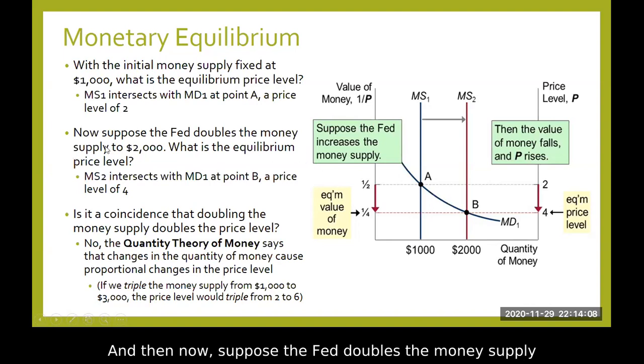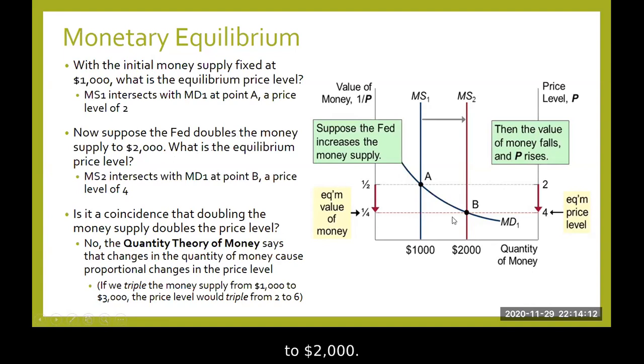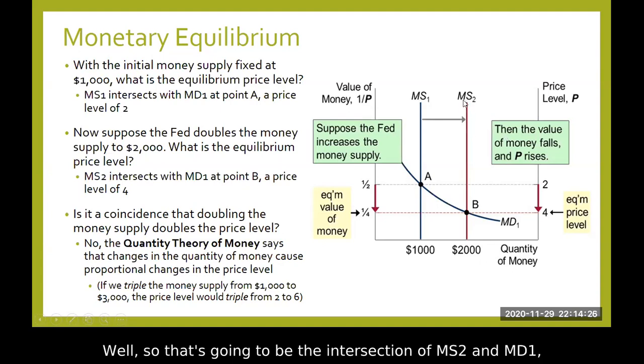Now suppose the Fed doubles the money supply to 2,000. Initially we had $1,000 in circulation, and now the Fed doubles the amount of money in the money supply, so we have 2,000. What is the equilibrium price level now? That's going to be the intersection of MS2 and MD1.